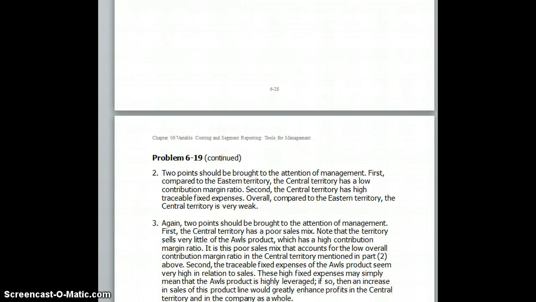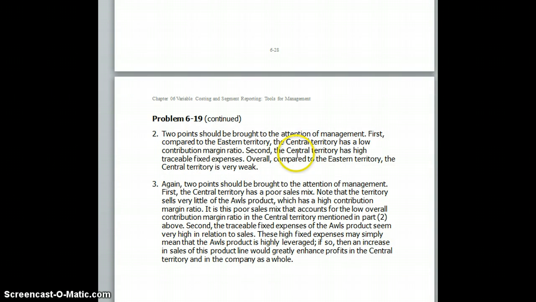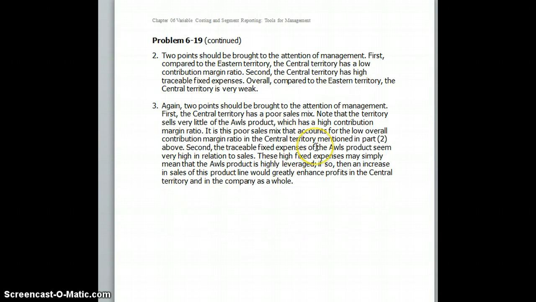And some of this is obvious, and obviously the 2 points that the authors of the solution manual state is that compared to the Eastern Territory, the Central Territory has a low contribution margin ratio, obviously giving rise to its low contribution margin and overall profits. Secondly, they have a high amount of traceable fixed cost. Compared to the Eastern Territory, the Central Territory is therefore a little bit more weak.